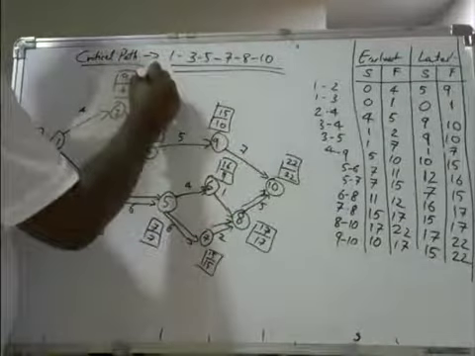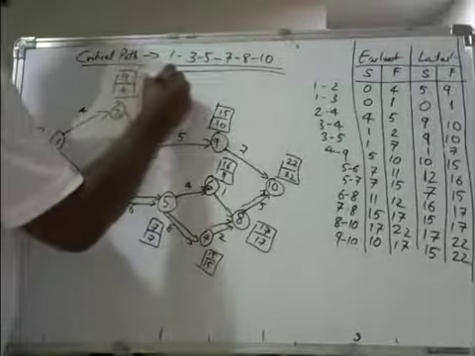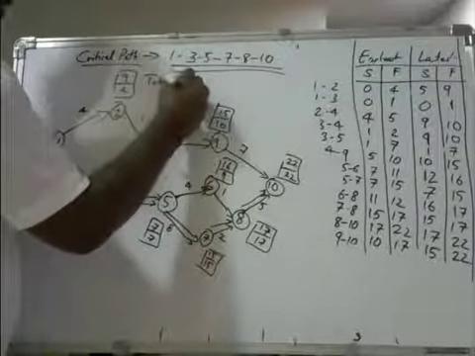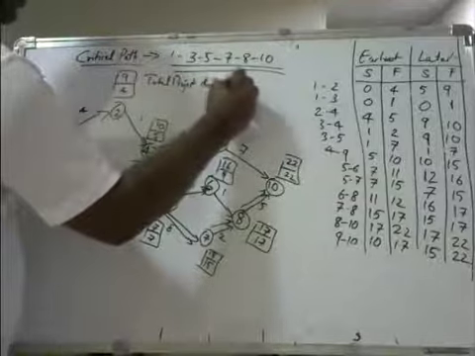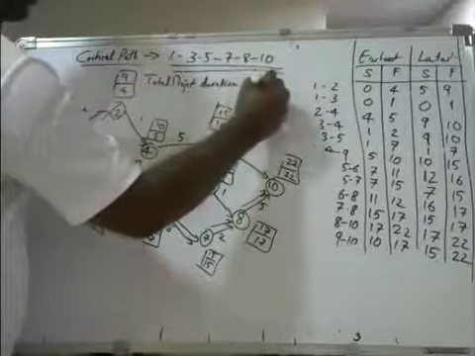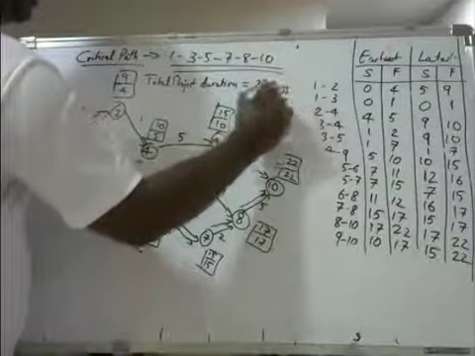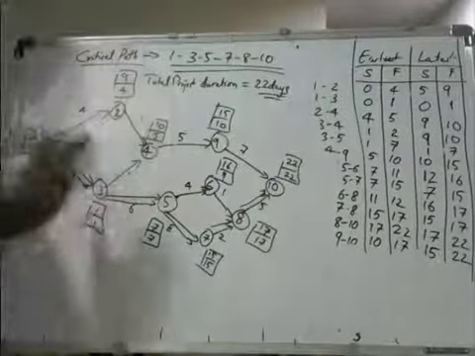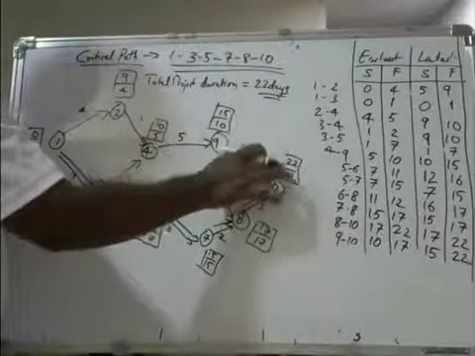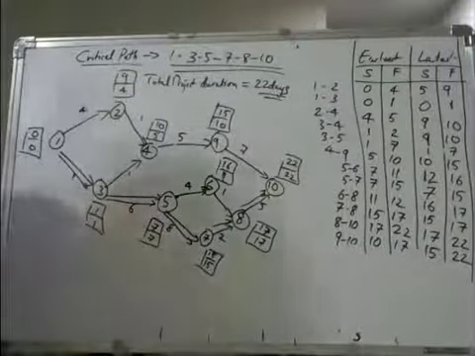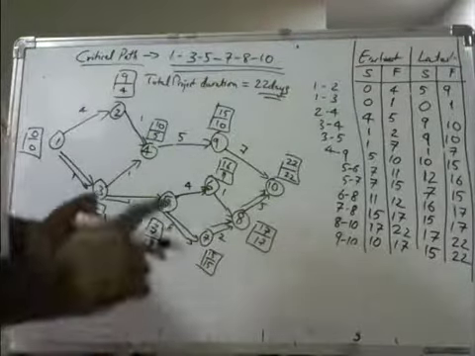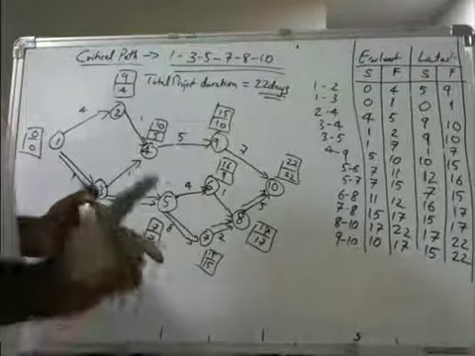The total project duration is equal to 22 days. Means to complete this entire project it will take 22 days. So that's what is the total project duration. So in this problem you have first constructed the network diagram.